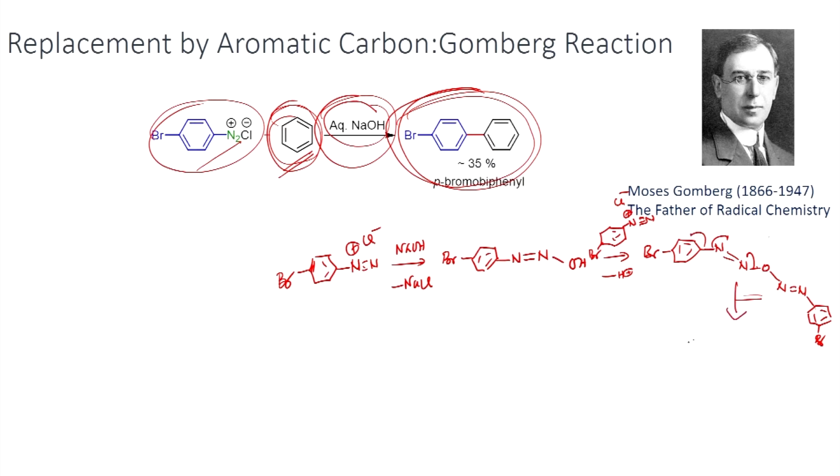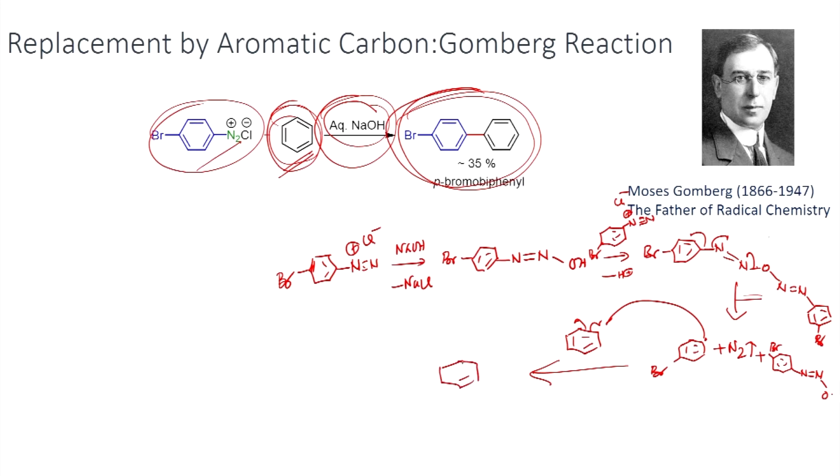to produce radical plus this radical. Once we form this aryl radical, it can react with benzene, so you will be able to get, for example, in this case you will get this radical intermediate.